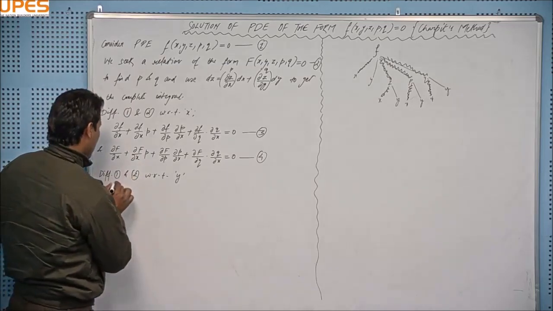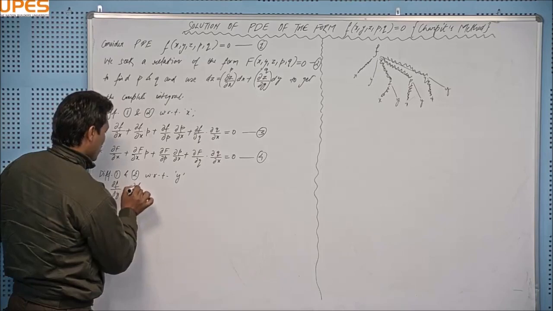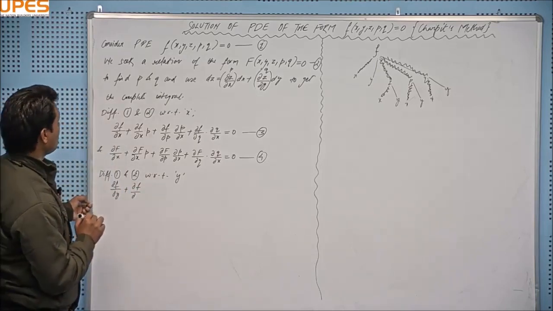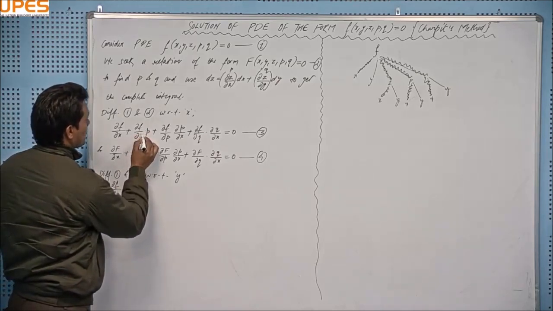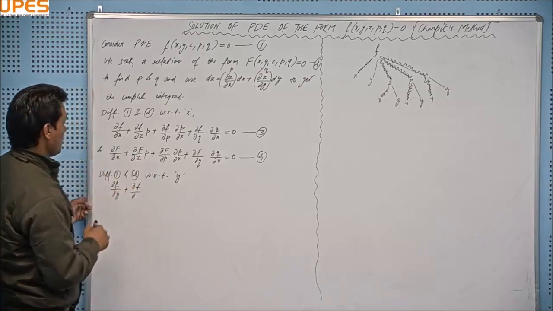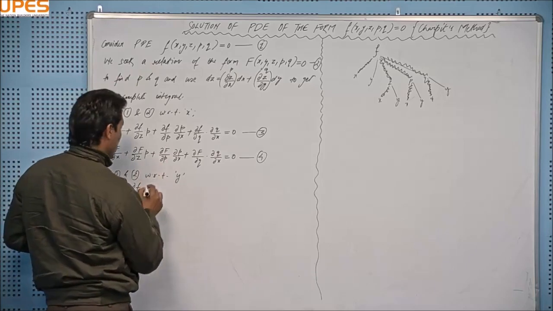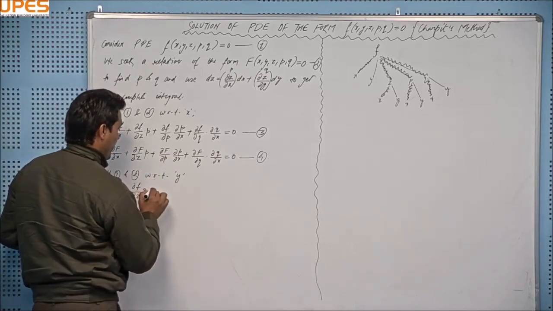So I'll be getting ∂f/∂y plus ∂f/∂z, sorry, small correction, this should be z. Now ∂f/∂z and then ∂z/∂y. ∂z/∂y is actually a small q.